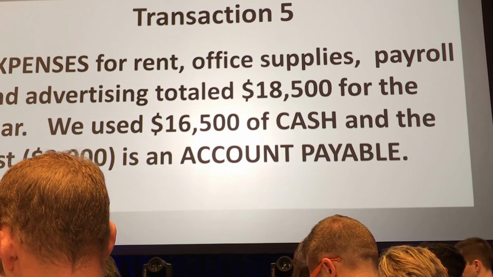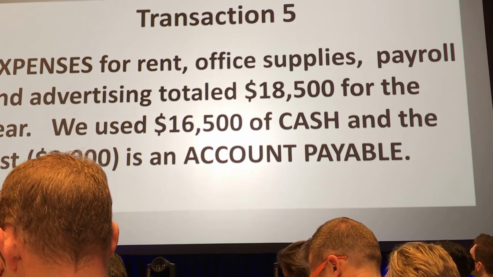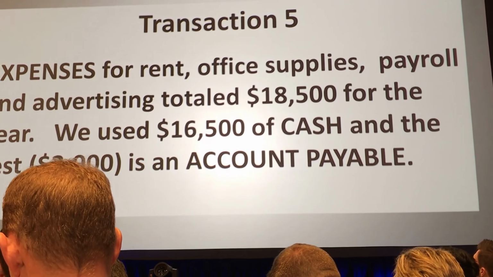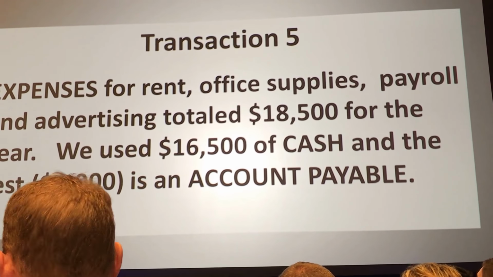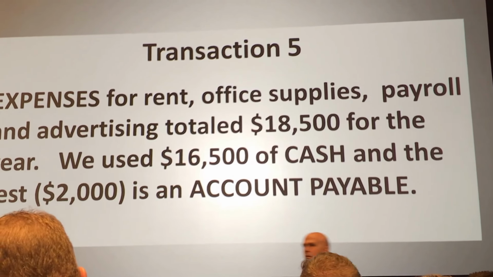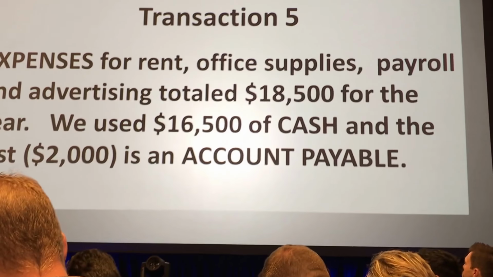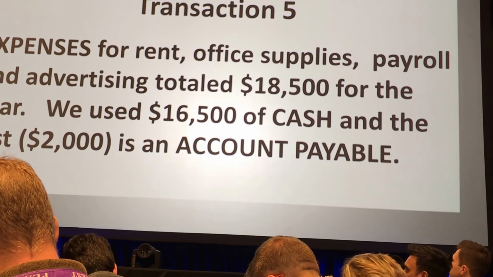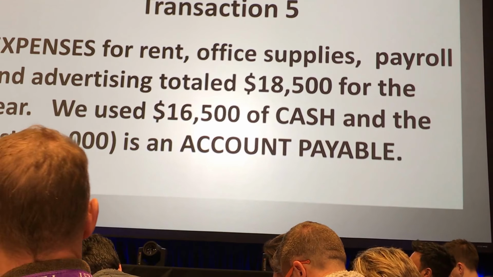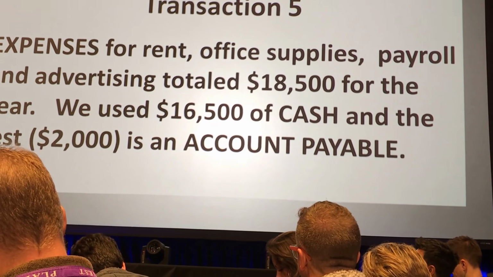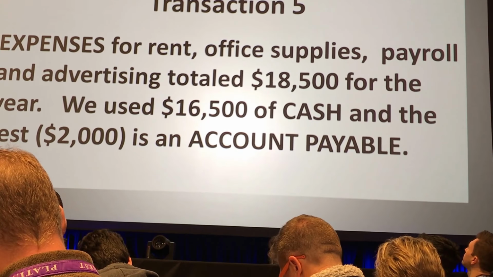How did we pay for it? We used $16,500 of our cash, and we gave somebody an IOU. We used somebody's services but didn't pay them, so now we have an account payable. We owe somebody $2,000, and the amount we owe just went up, so it's going to be a positive number.